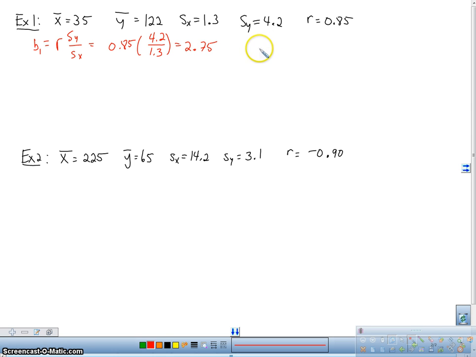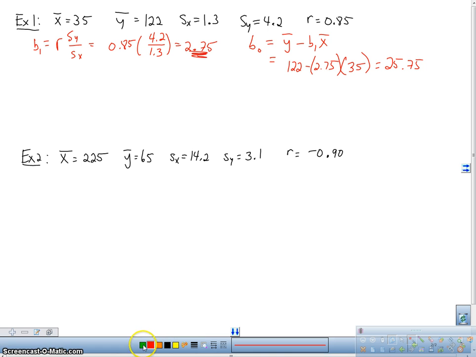Then I'm going to calculate b sub 0 using my other formula, which was y bar minus b1 x bar. Y bar is 122, b1 is what I just got, 2.75, times x bar, which was 35. And I calculate all that out and I get 25.75.